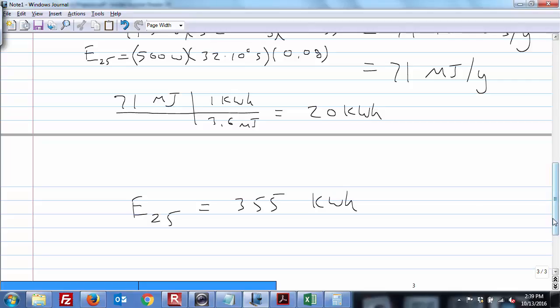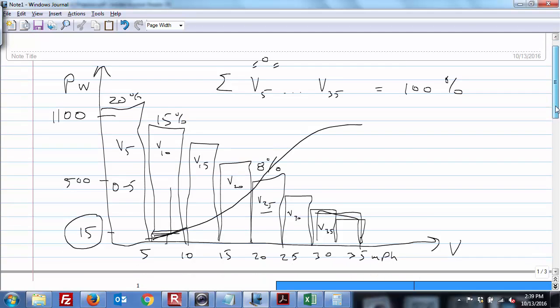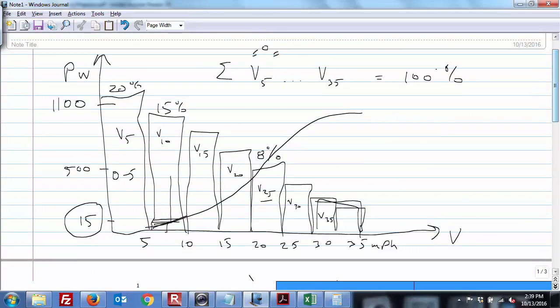Okay, so what we've done here, we've calculated the V5, which we know just equals 0. The V10 equals 20. Et cetera, et cetera. We know that the V25 equals 355.